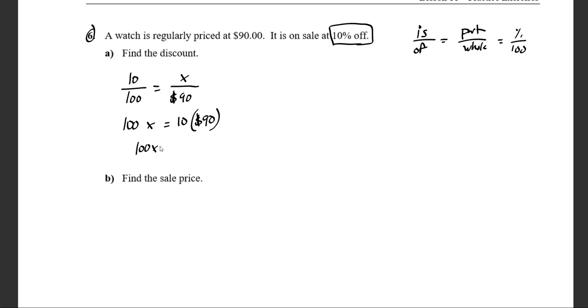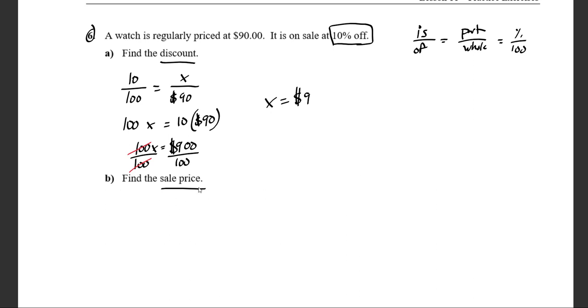So 100x is equal to $900. To isolate x, we divide by 100 on each side. That'll let us cancel that out, and x is equal to 900 over 100, which is $9. So the discount is $9. You're saving $9.